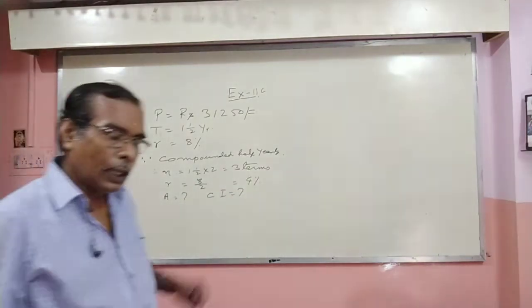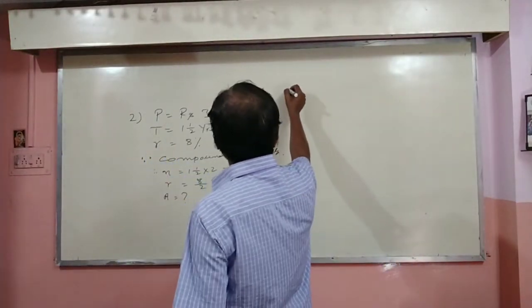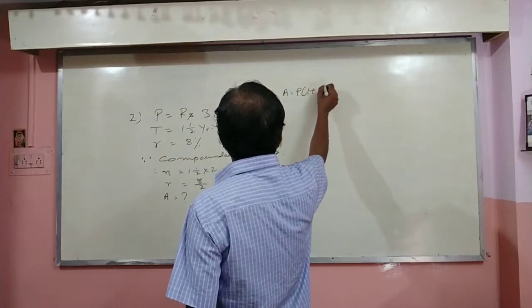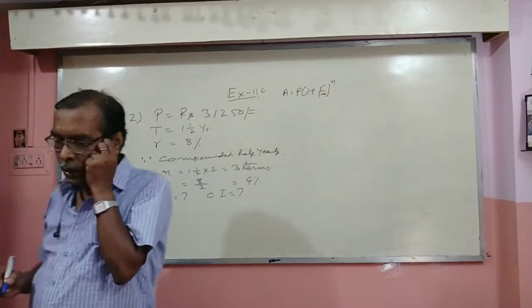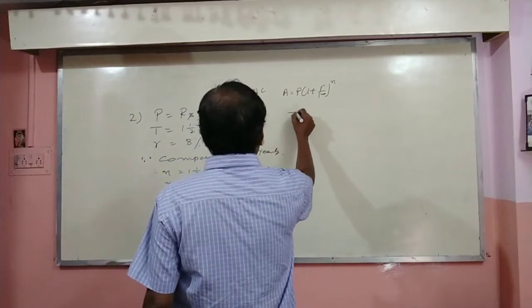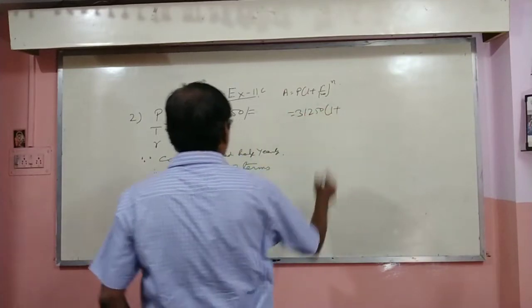Now the amount formula, you know very well, is P into 1 plus R by 100 whole power n. Now we are going to substitute all these values one by one. So P is equal to 31250 into 1 plus rate.